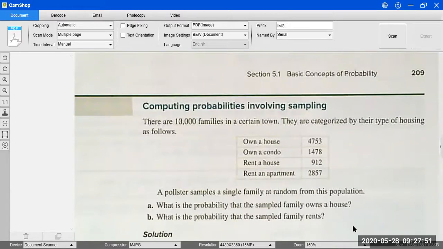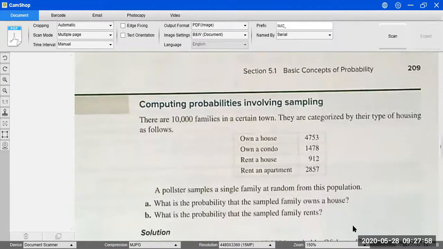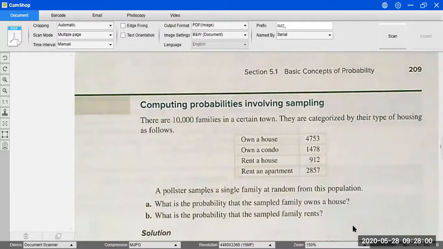Families renting a house, 912. And families renting an apartment, 2,857. So the questions are, a pollster sampled a single family at random from this population. What is the probability that the sample family owns a house? And what is the probability that the sample family rents? So I'm going to give you just some minutes for you to try to solve this problem just by using the definition that we just mentioned a moment ago, the definition for probability.